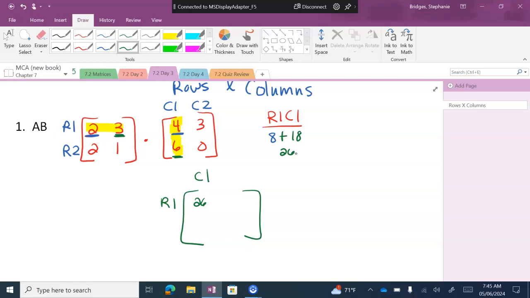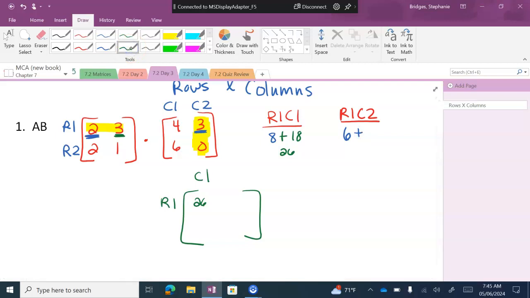Now we're going to multiply that same row, row 1, by the second column. Okay, so we're going to go row 1, column 2 this time. And hold on just a second. I'm looking at this column now. So this time we're going to multiply the first number 2 by the first number 3. 2 times 3 is 6.